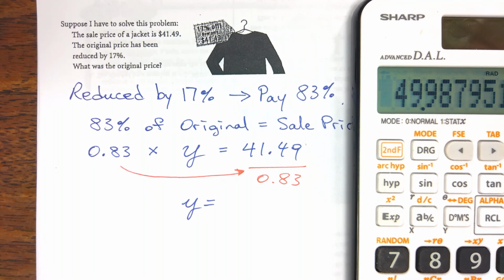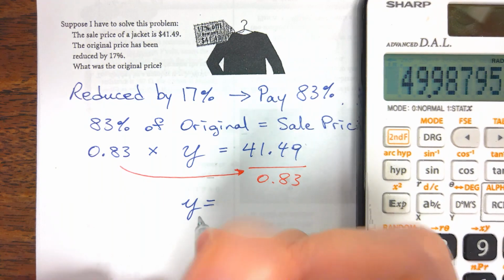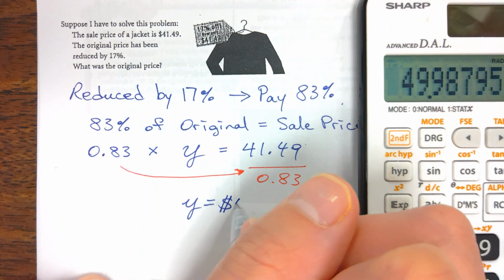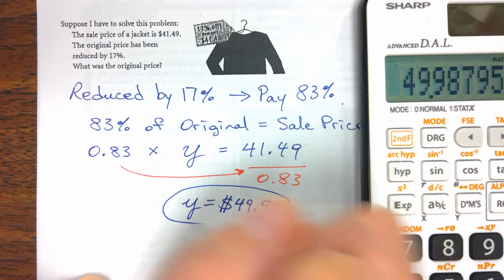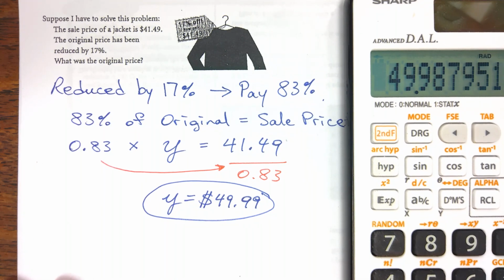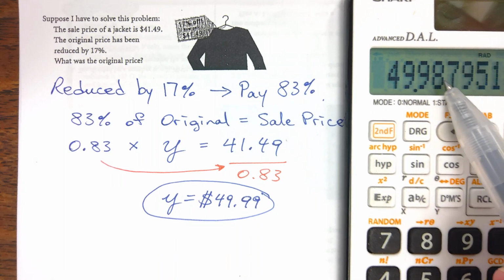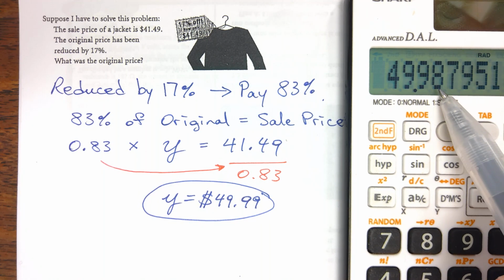Alright, so what does Y equal? 49.98. Yes. So dollar sign 49.99. Alright, I'm not trying to be picky, but you do need to know how to round. 2 decimal places, so you look at the third one, more than 5, so this rounds up.